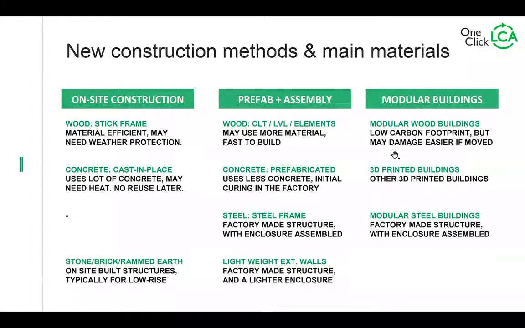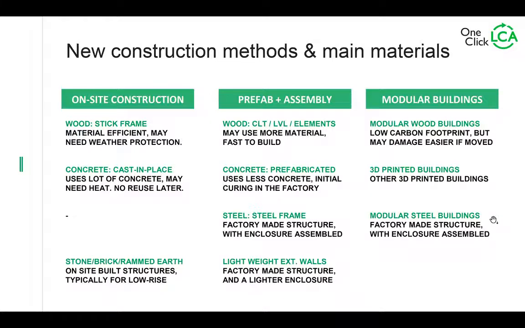And finally, in the category of modular buildings, modular wood buildings do exist, low carbon footprint, all very good. They may be more easily damaged if moved. Just a note on that side. I did put the 3D printed buildings in this basket just to put them somewhere.